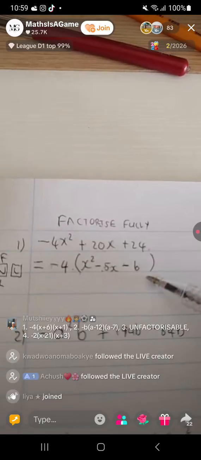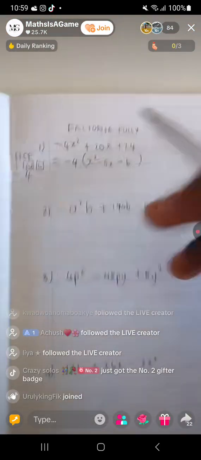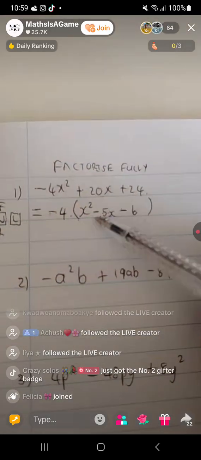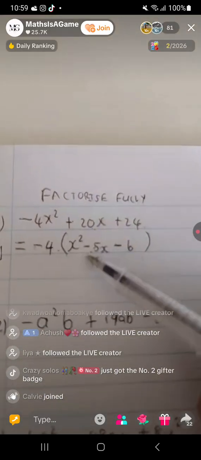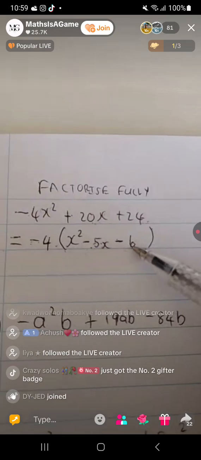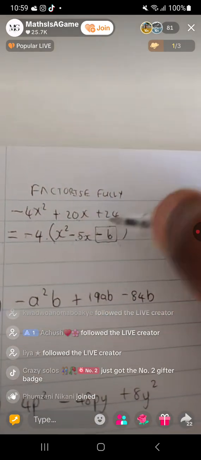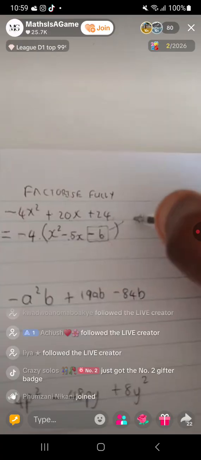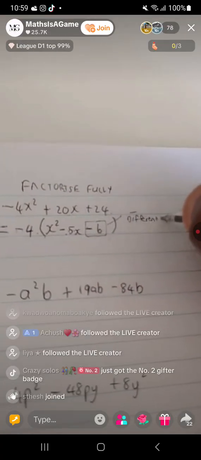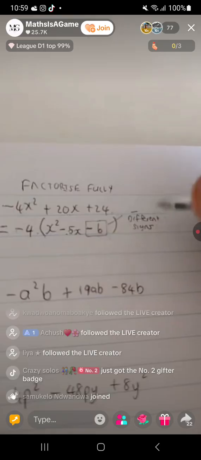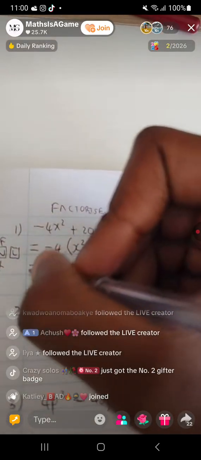So we have factorized using the highest common factor. We go inside the bracket and ask ourselves, is there any further factorization that I can apply in this problem? Yes, because this is a quadratic trinomial. The last term in the quadratic trinomial is negative, so I'm going to have different signs inside my bracket when I factorize.